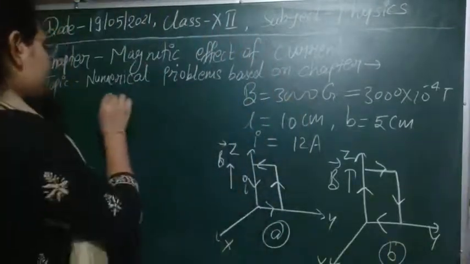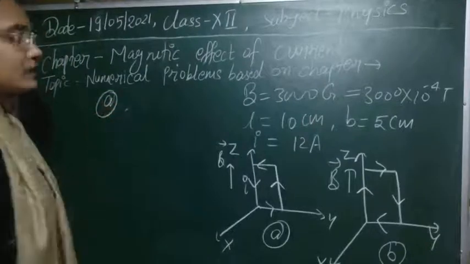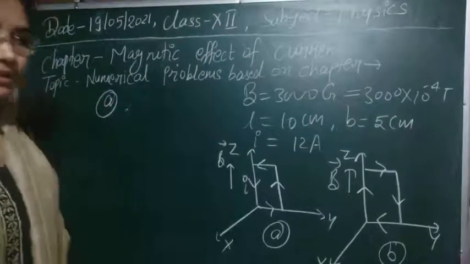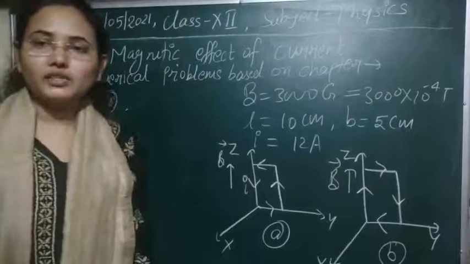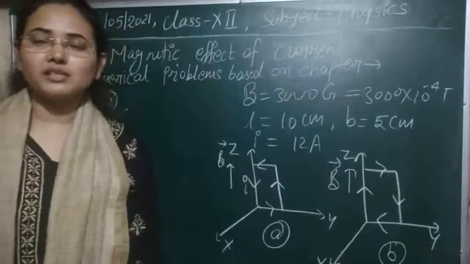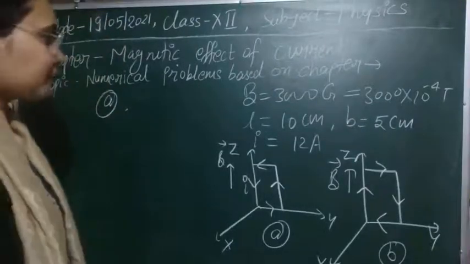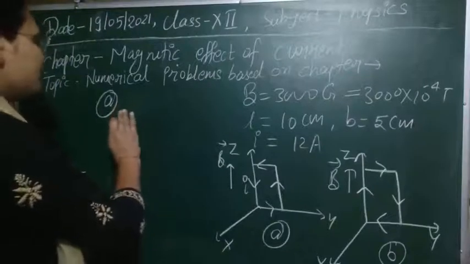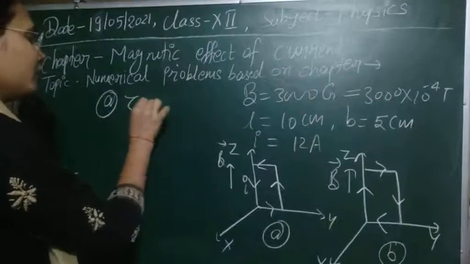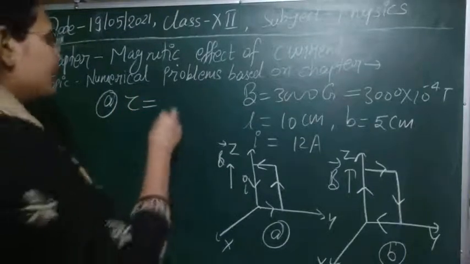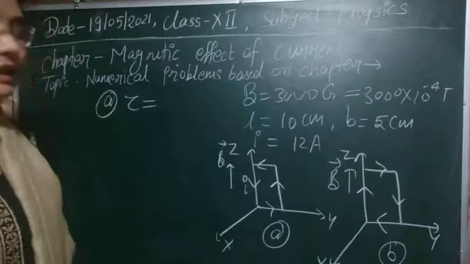For case A, let's first see how we can understand the value of torque, and also in which direction the force is acting here. For the calculation, as we know from the formula, torque tau is equal to MB sine theta.